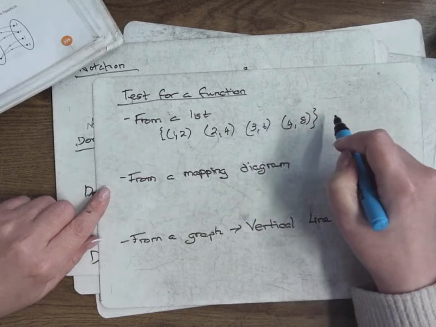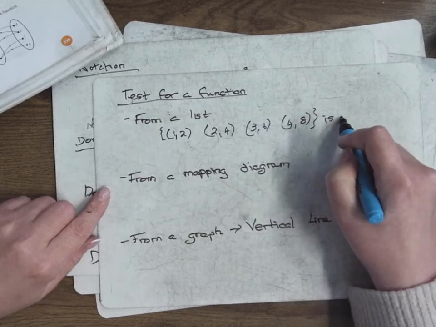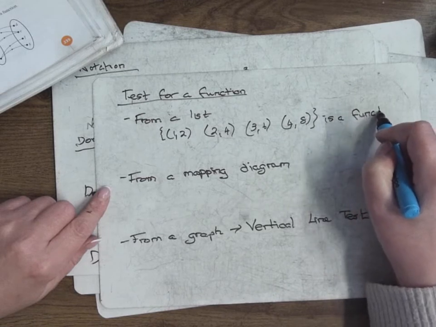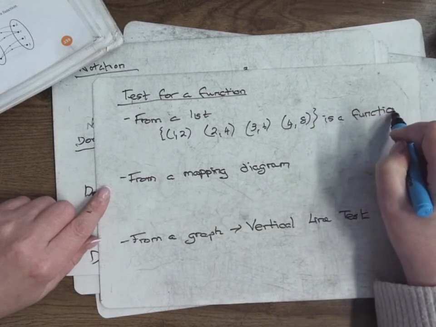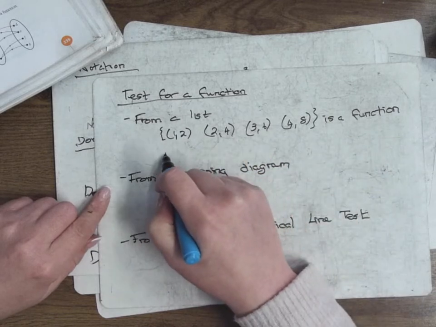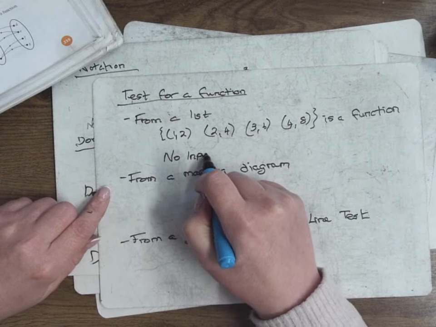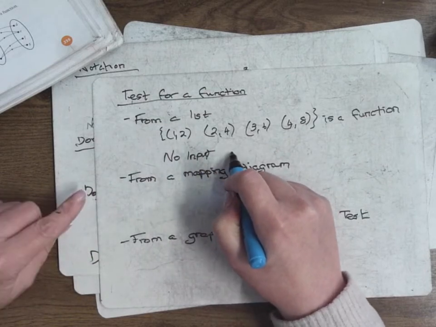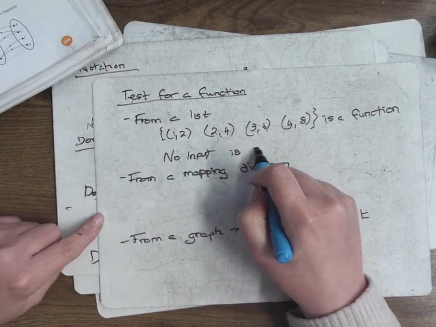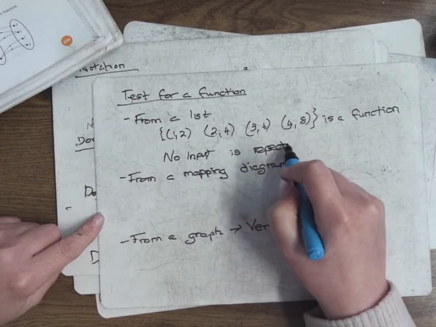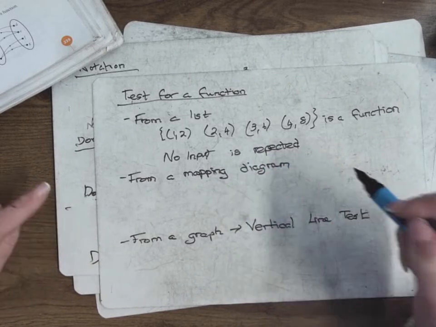How you know from a list whether something is a function or not: no input is repeated. And you know the input is the first number. So no input is repeated.